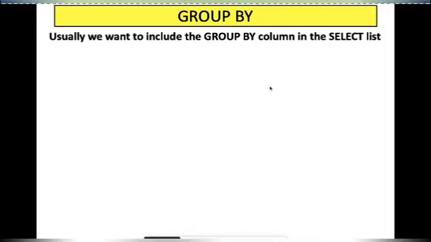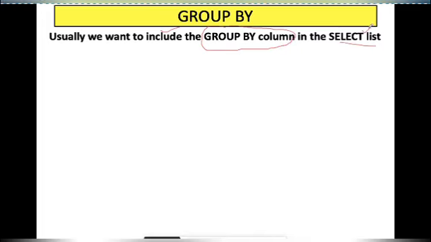Usually we want to include the group by column in the select list. According to whichever column you are grouping, like group by type in the previous example, we will include that in the select list.